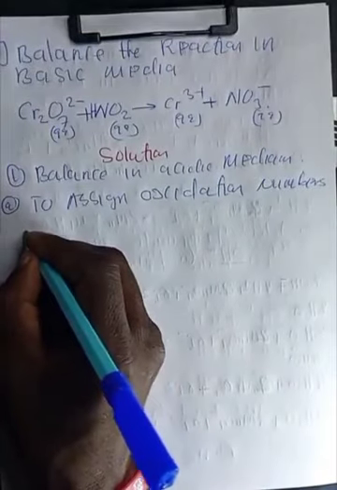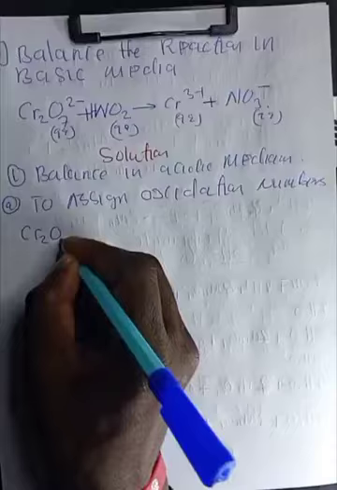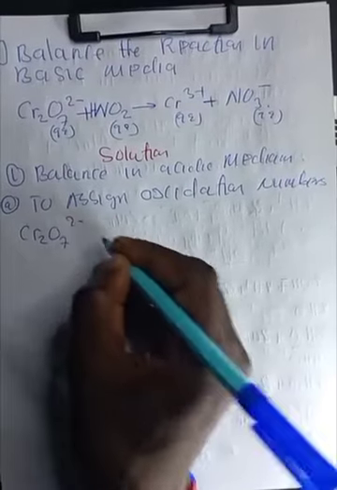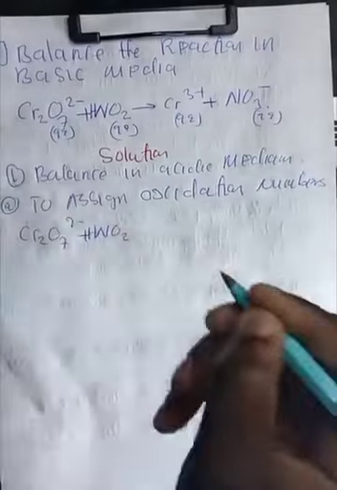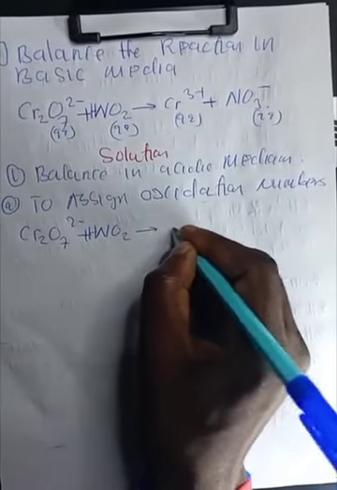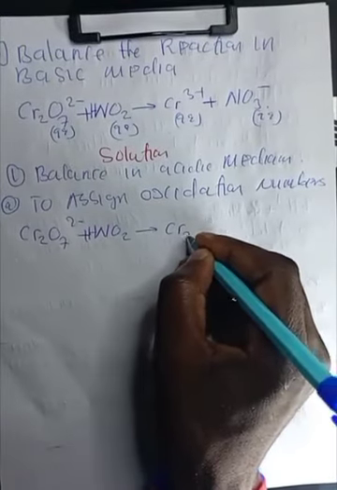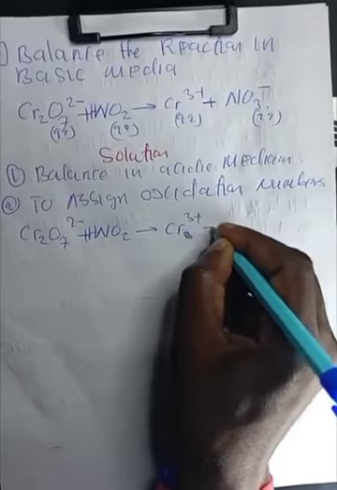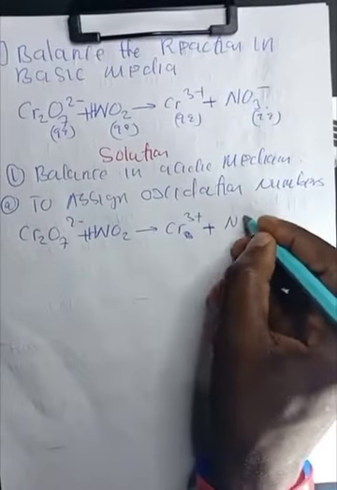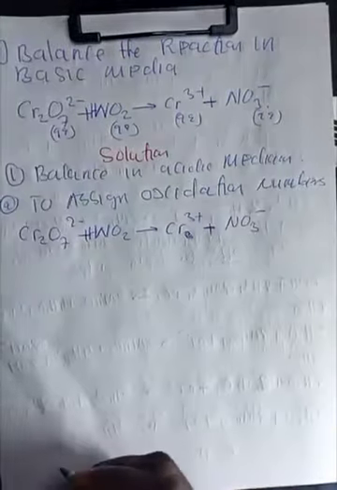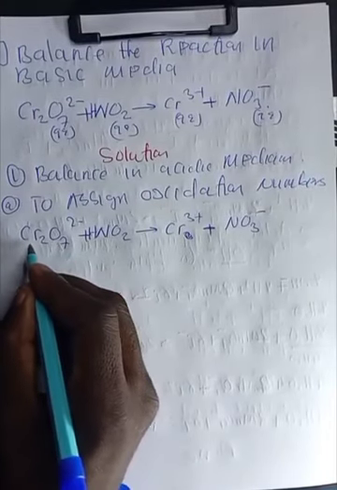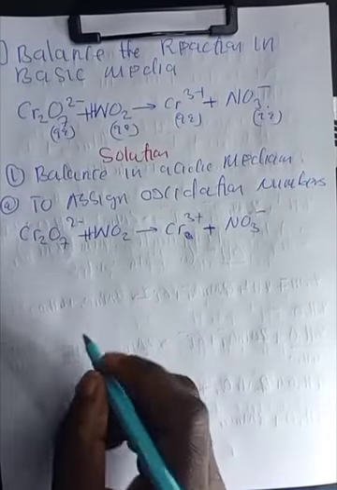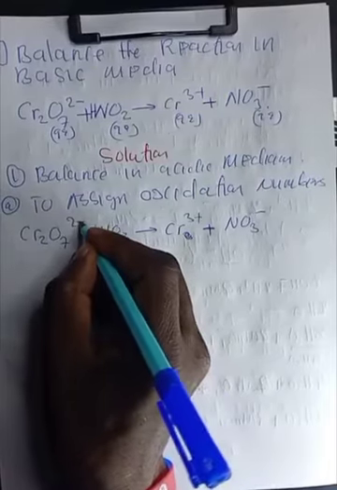So we are going to rewrite our reaction here: Cr2O7, which is dichromate, plus HNO2, then producing Cr 3 plus, then plus NO3 minus. So here we know that for oxygen we can't calculate, but we need to calculate for chromium. So we're going to say that the overall charge is -2.